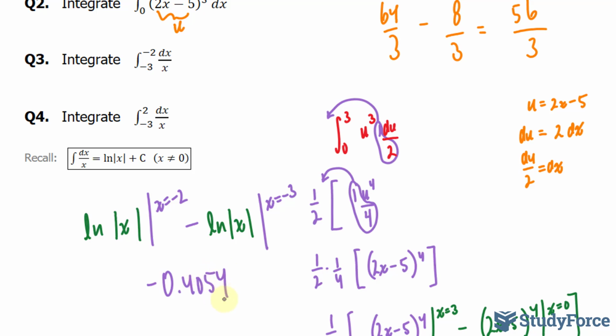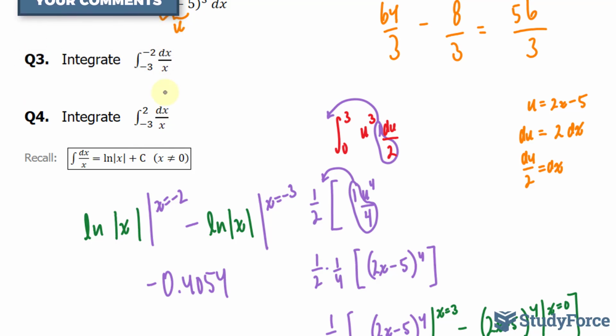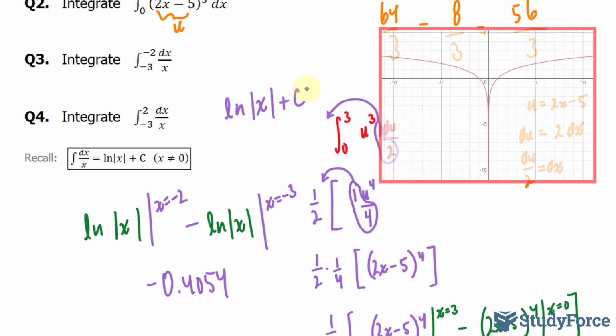In question number 4, while it does look very similar to question 3, it's actually a tricky question. Because if we find the integral of 1 over x, remember it's identical to this, we end up with ln absolute of x plus c. However, if you graph ln of x, and the graph is shown on the screen right now, you'll notice that it is discontinuous when x is equal to 0.